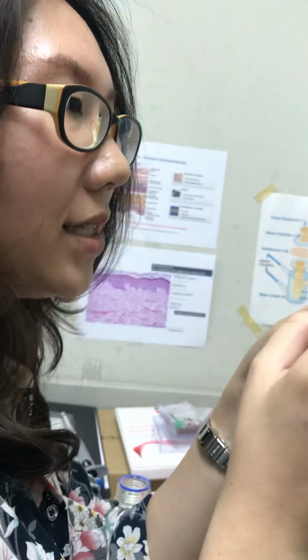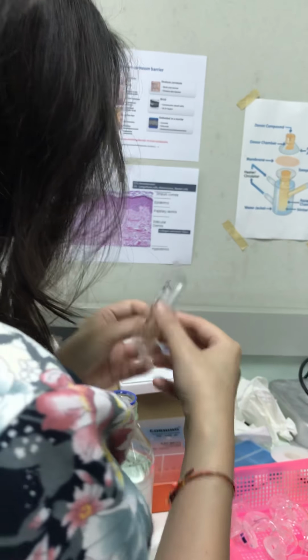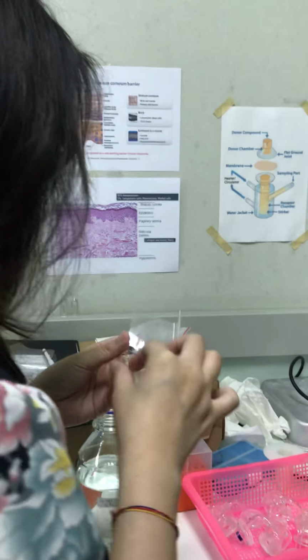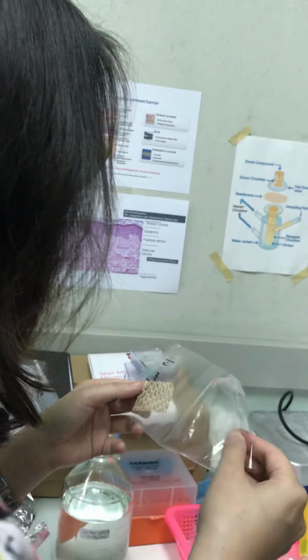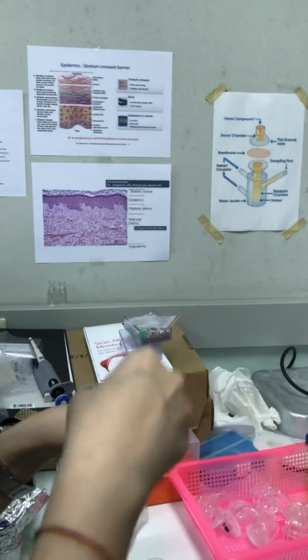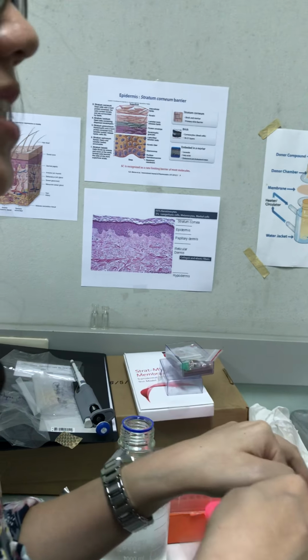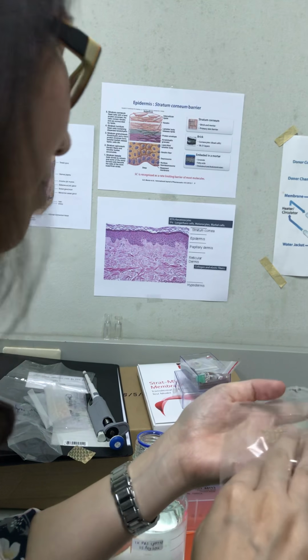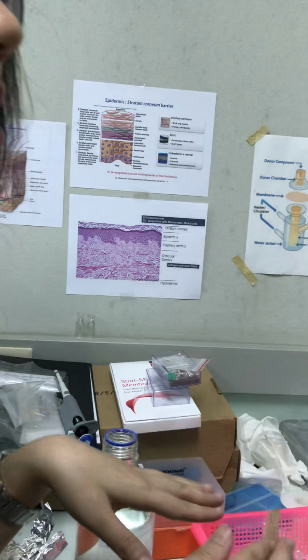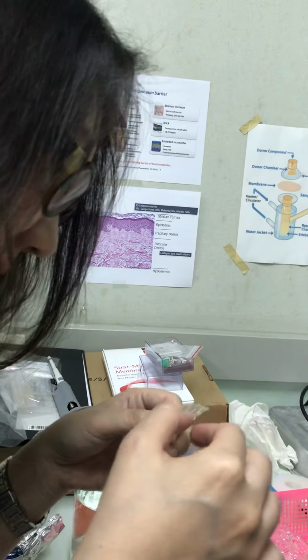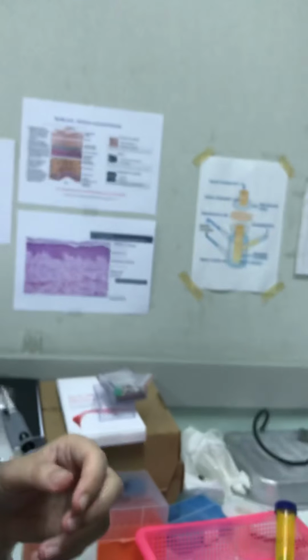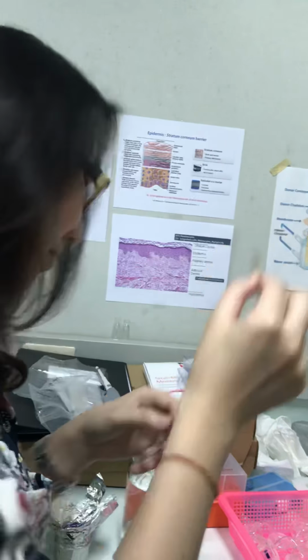It should be complete, because if it's damaged, the drug can penetrate very easily, so we can't see how my formulation enhances the drug into the skin. So this one is okay. You can see, it's okay.